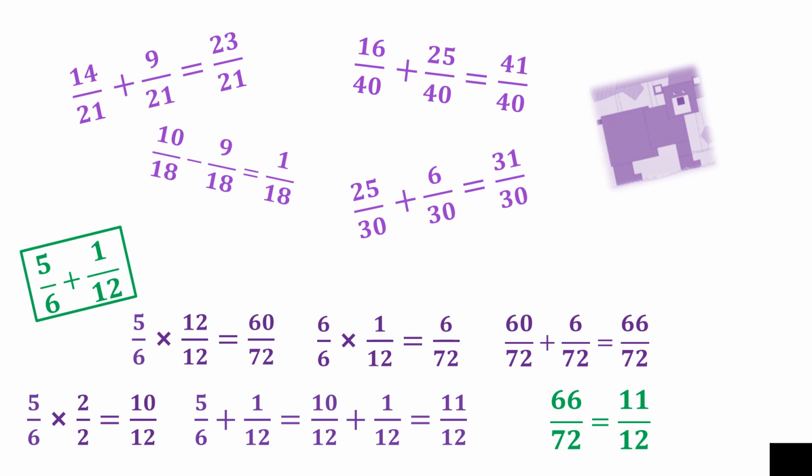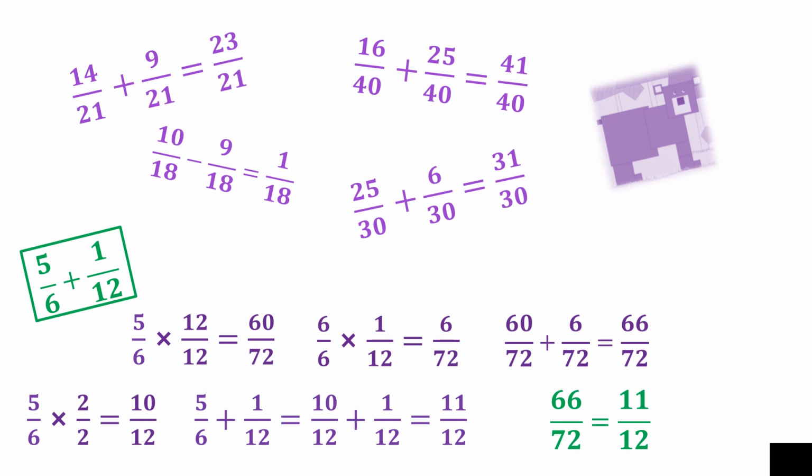And when we let Bear add them together, the answer would be 66/72. But look at this 6 and this 12. These denominators already share a common factor. After all, 6 is a factor of 12.